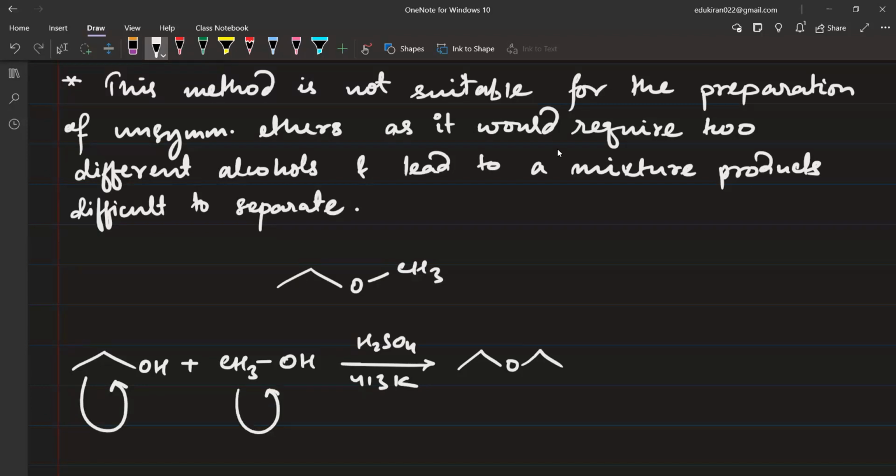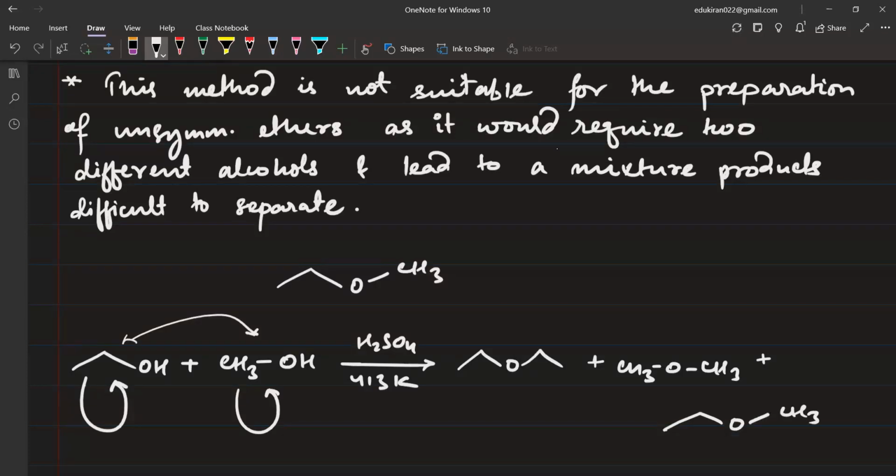They will react with themselves and they will form methoxymethane, or I write CH3OCH3. Okay. There will be some ethyl alcohol which will meet methyl alcohol, and when they react with each other, they will form our desired product.